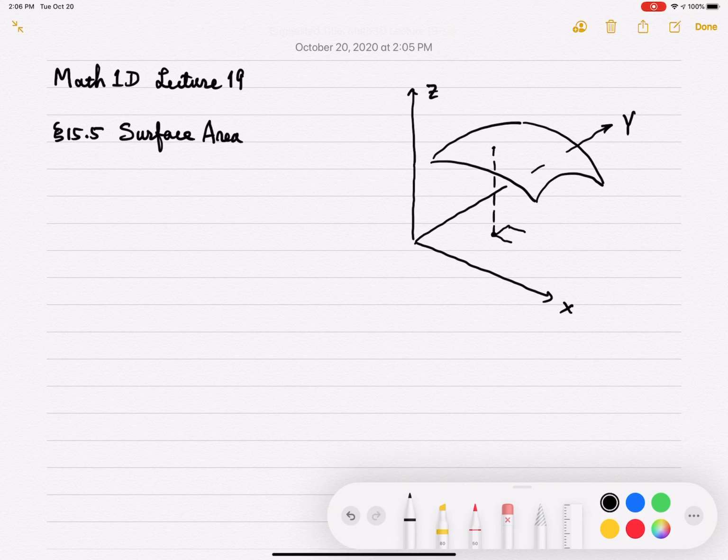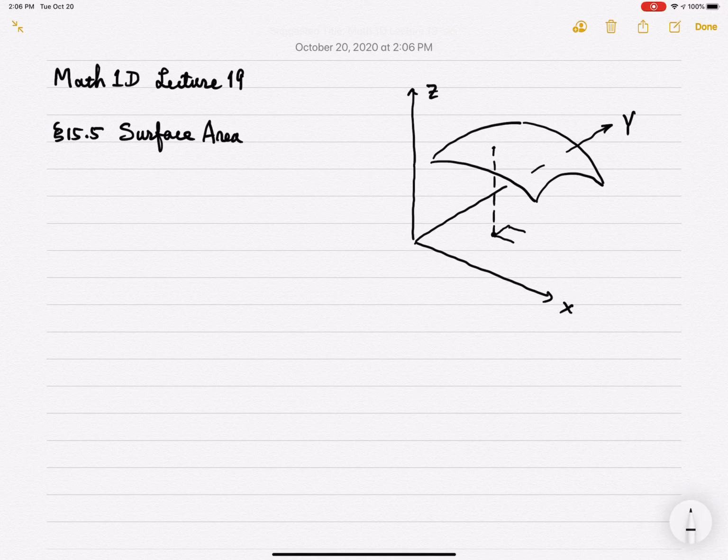Let's draw a small rectangle, and say this point is xi, yj.